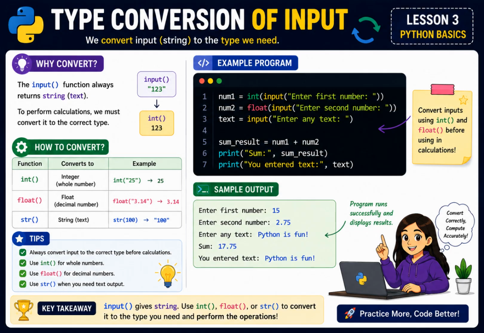To perform calculations like addition or subtraction, we must convert them into the correct data type. We use int for integers, float for decimal numbers, and str when we want to convert something into text. Choosing the correct data type helps us to write accurate programs.